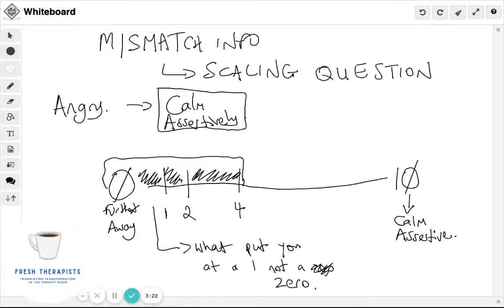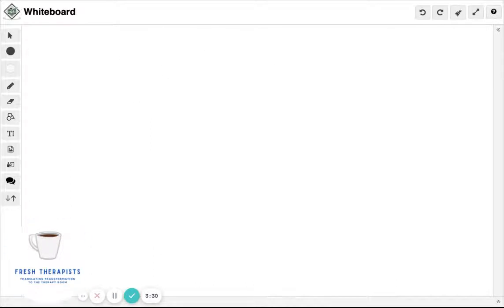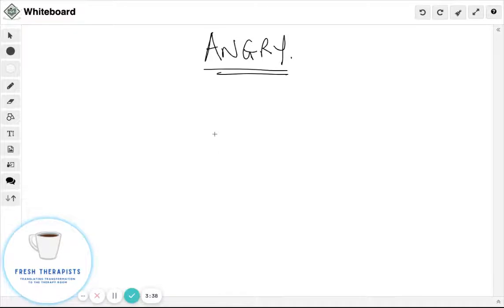And so when we ask what puts you at a 1 rather than a 0, they're then able to dig into the grey areas. And so rather than just viewing themselves as an angry person, there are other elements to the story. Well, I'm at a 2 because I can often talk myself down.